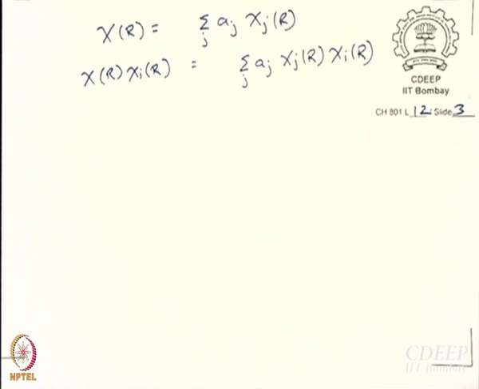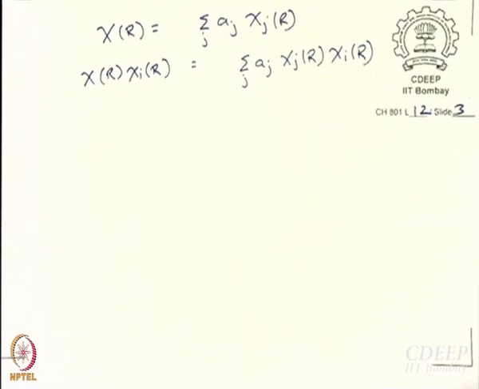What should I do next to simplify the right hand side? We are dealing with irreducible representations. Right hand side only has the irreducible representation, right?